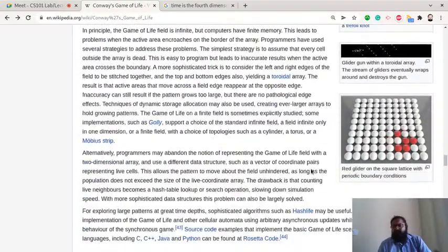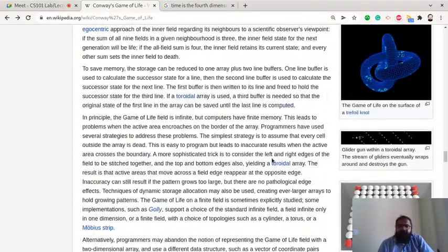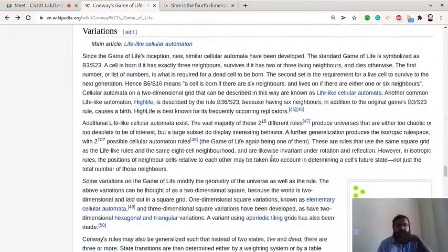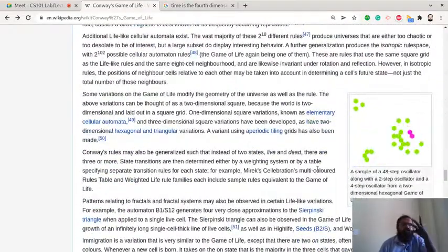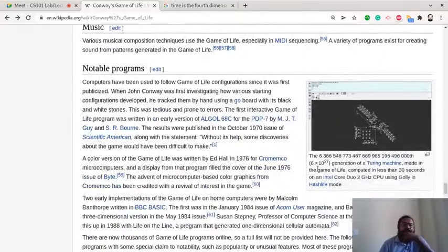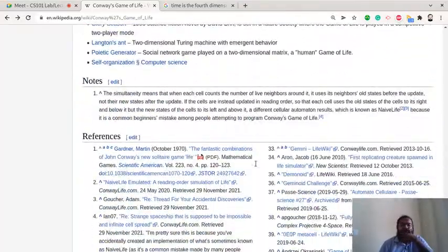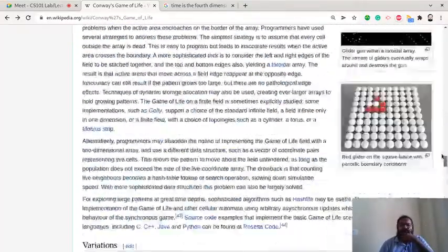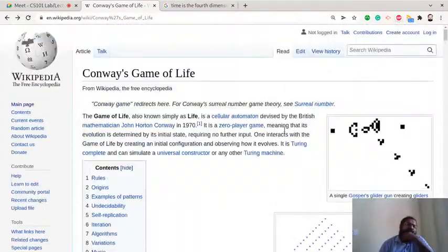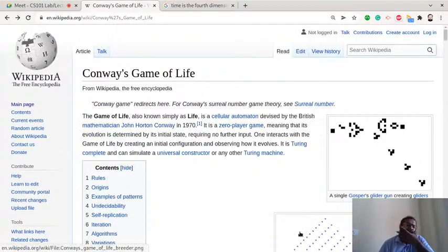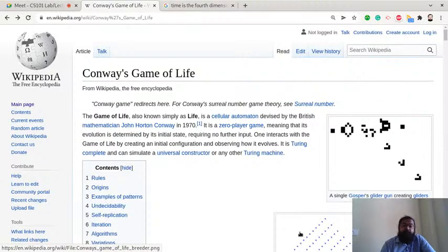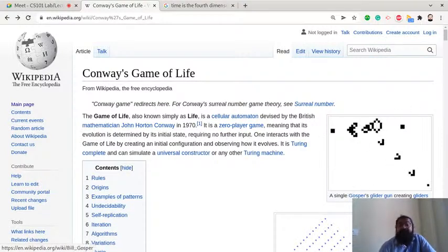If you read more about it, you will see a lot of things being shown. In your program, all you have to do is run this program. You have to obviously write a program. Oh, by the way, this is the single Gosper's glider gun, creating gliders, right?